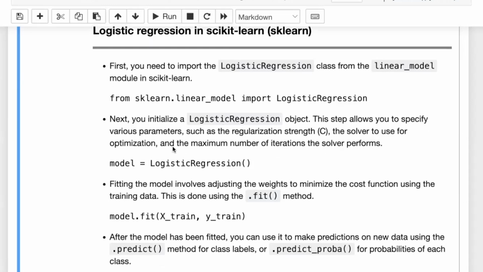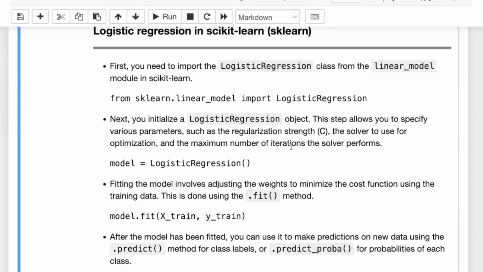And then we need to instantiate this class to create this object, which I call here model, but this can be any name you want. And here there are some parameters that you can also choose from. For example, you can choose the regularization strength, which is an important way of avoiding overfitting that we had in the previous lecture.